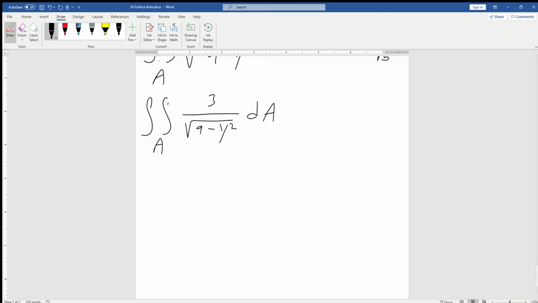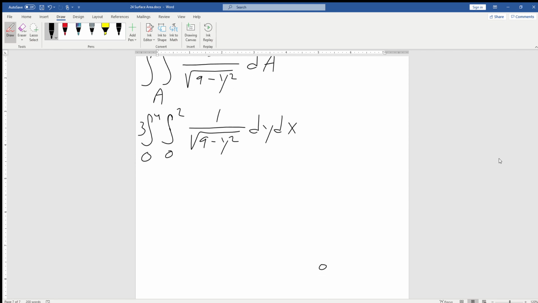As a type 1 region, we're going to get the integral of x from 0 to 4 first, then y from 0 to 2, factoring the 3 out front, 1 over the square root of 9 minus y squared, and then we have dy dx. Now we're going to see this becomes trivial.